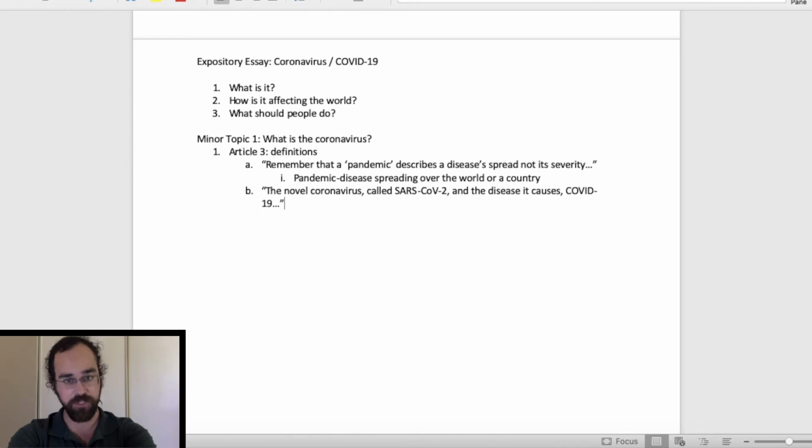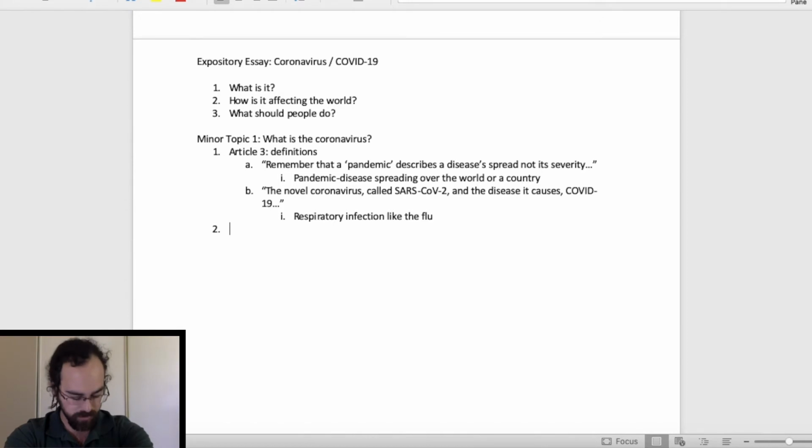So just some information and verbiage and terminology that I might be able to use in my essay. And again, COVID-19 was a respiratory infection like the flu.